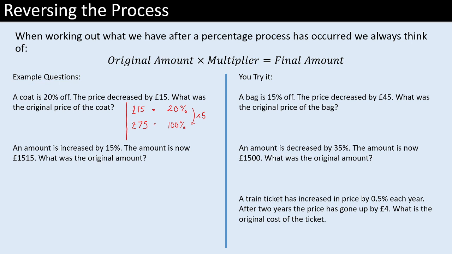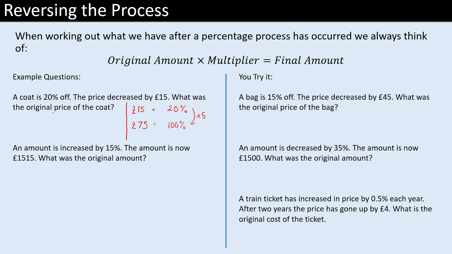And that's quite nice if we're talking about a calculation that we can do in our head. But what if it was a situation where we couldn't do it in our head? For example, if the numbers were slightly more awkward.